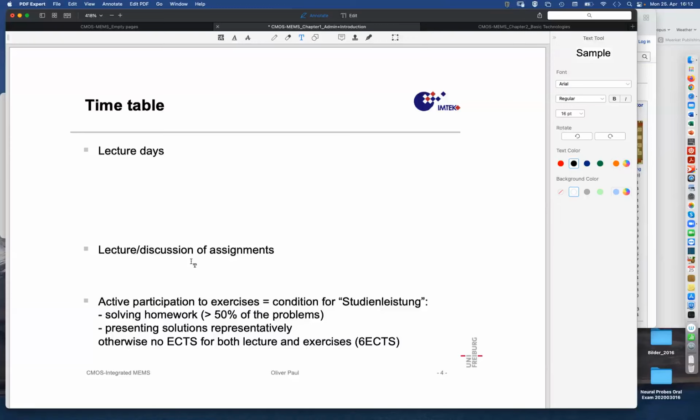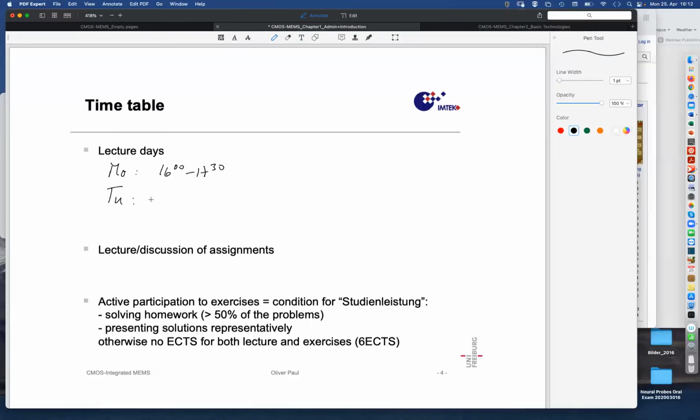And tomorrow we'll maybe start a bit later than 2 o'clock, at 2:15. So let me write that down immediately. So Monday, 16:00 to 17:30, and then Tuesday from 14:15 to 15:45. Is that correct?